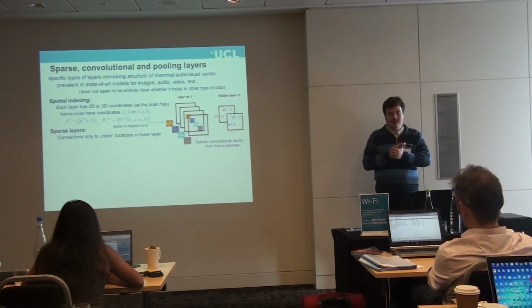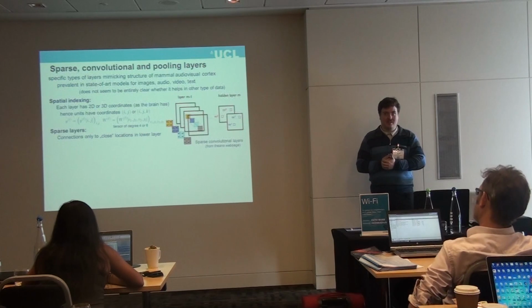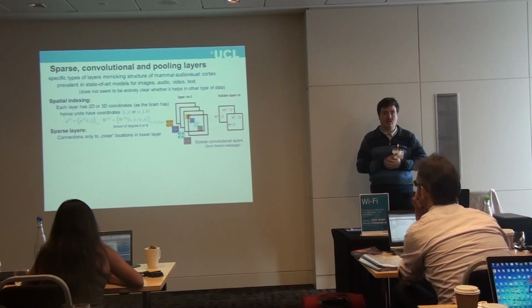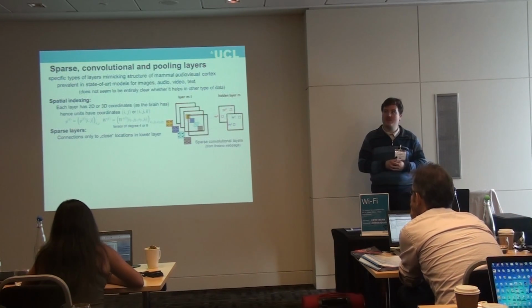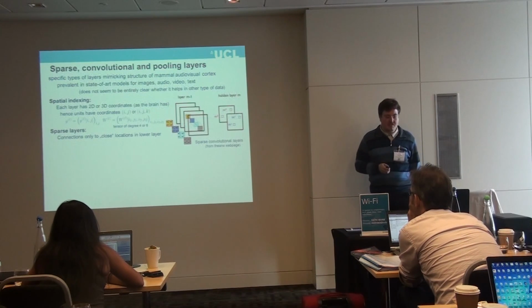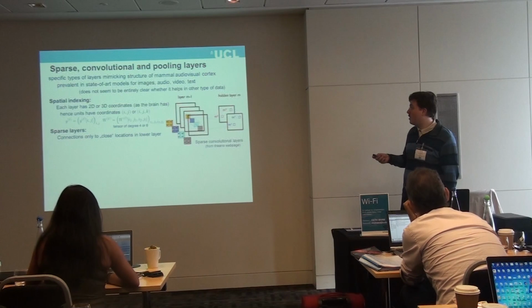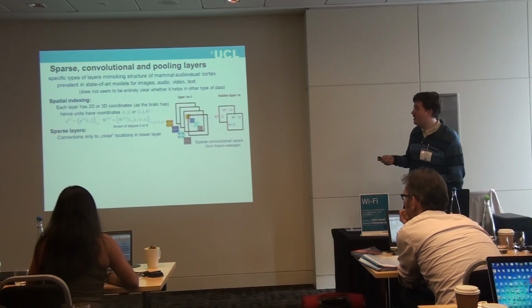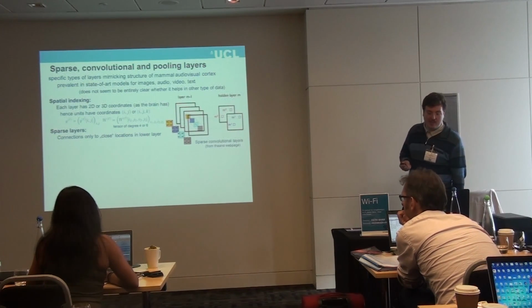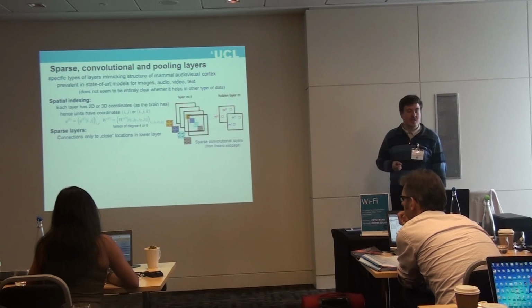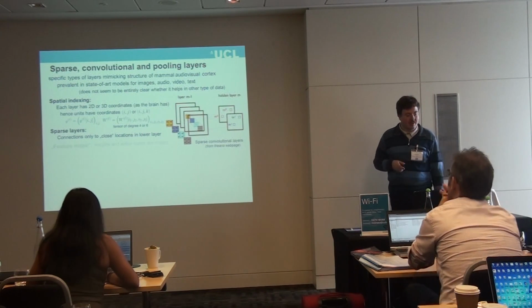Important there for this application is sparsity. So not all of the connections are there. Specifically, one idea that is quite crucial, especially in the imaging application, is that some layers connect only to locations close by on the lower layer.